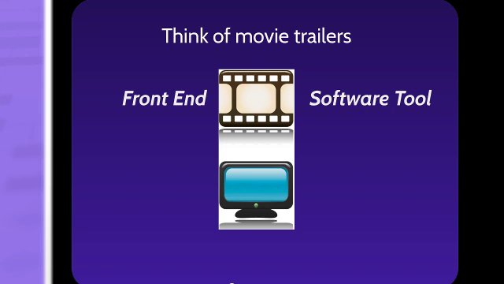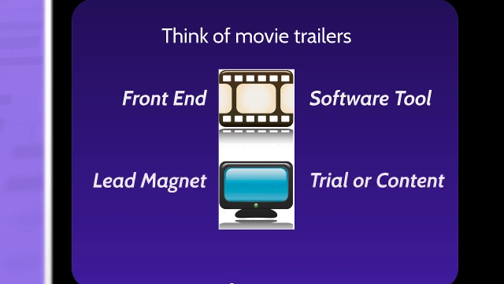If it's a piece of software, we start with the front end offer, move backwards, and then of course we create the lead magnet. The lead magnet could be a software trial or a software demo that shows a piece of the whole. So they can check it out, they can use it. It doesn't necessarily show all the functionality, but they can get an idea of what it can do.